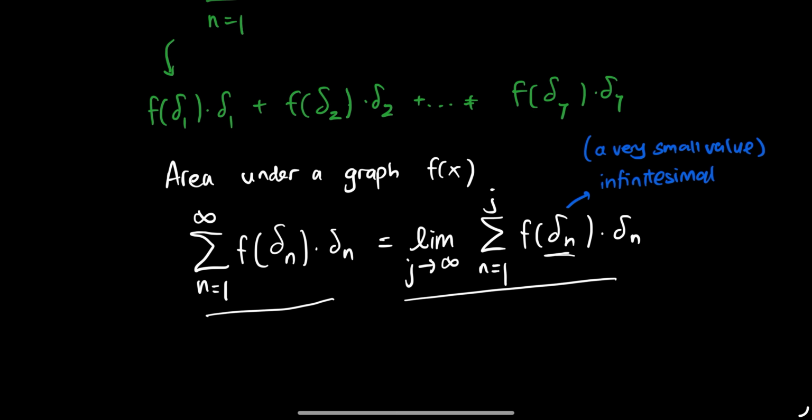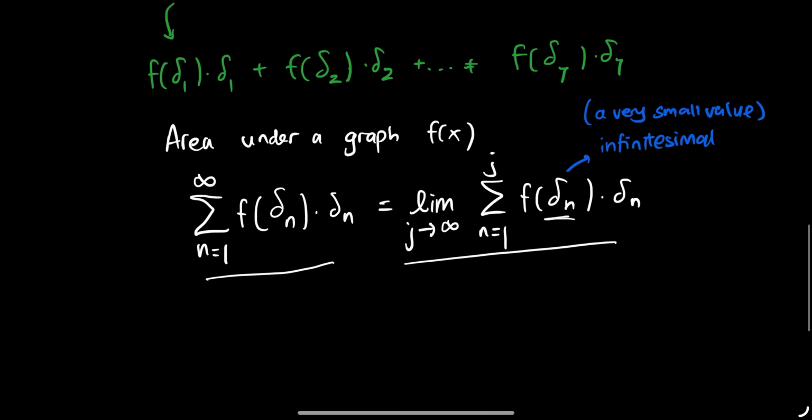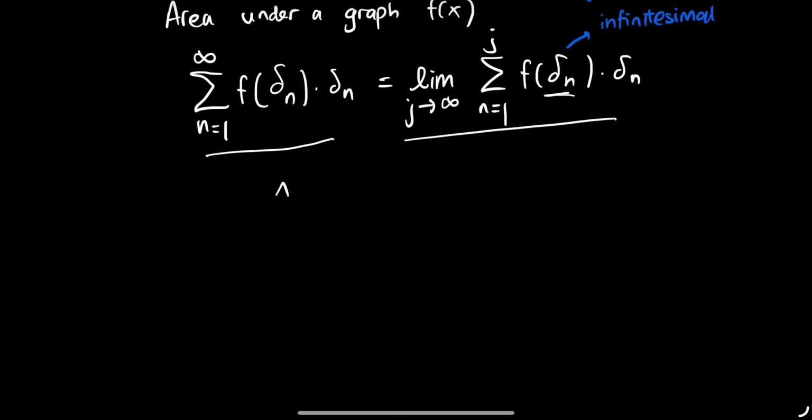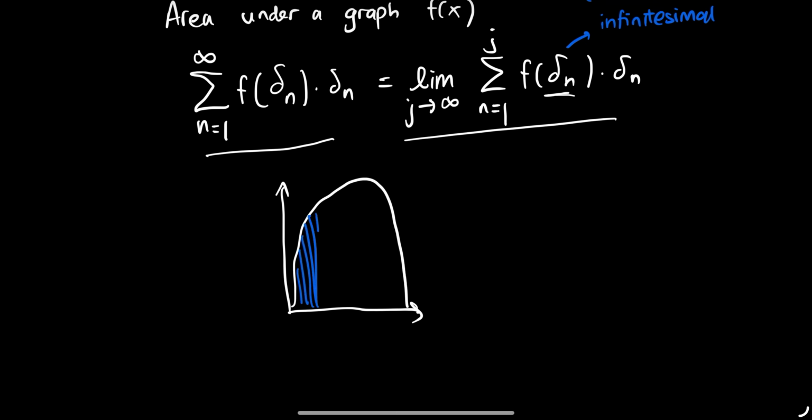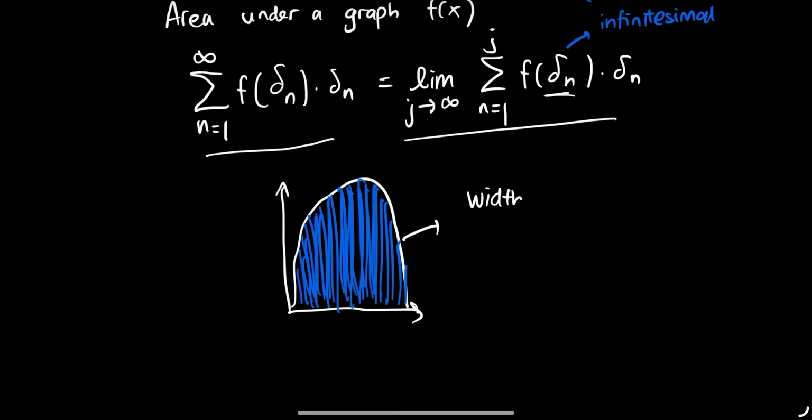So the rectangles become like tiny slits. So slowly, when we increase the value, the graph starts to look like this. And all these lines you see are tiny rectangles which have a width of delta n and height of f of delta n.